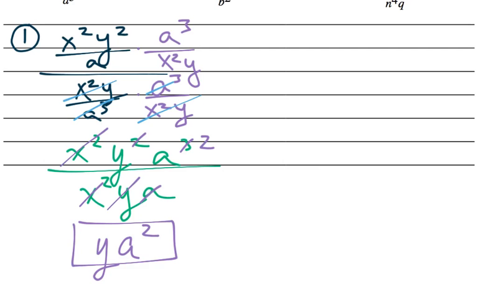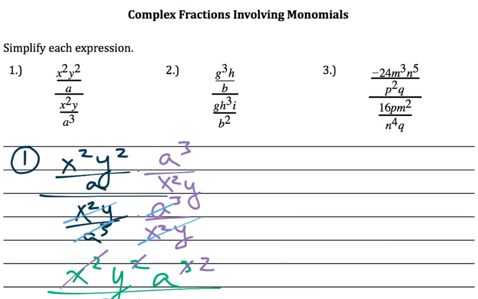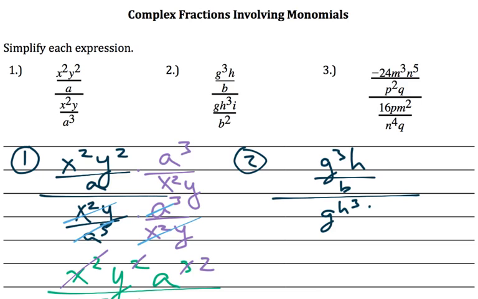Now how cool is it that all that hideous stuff turned into something so simple? I know you're excited. So here's g cubed h, written small again, that smaller fraction, over b, and then g h cubed i, which is a weird letter to have to write inside of this, b squared.